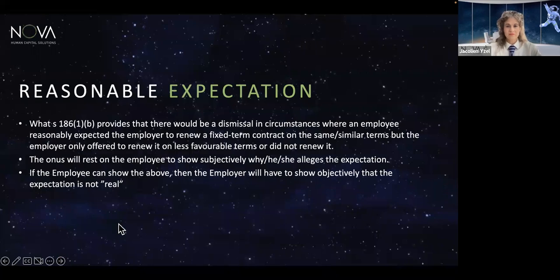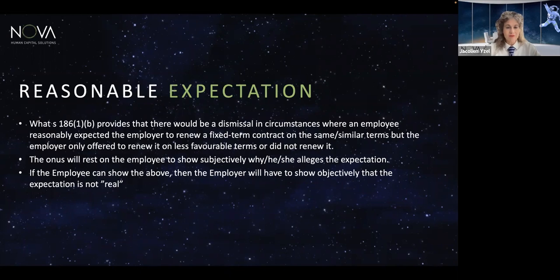Right. The reasonable expectation. As is with the law, there's a lot of protection for employees, much less protection for the employers. So the hurdle or the bar, the onus of proof on the employee is very low to show that they had an expectation of renewal. They must only show that subjectively they believed that this contract is going to be renewed.